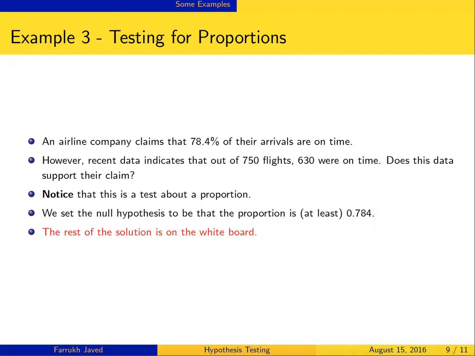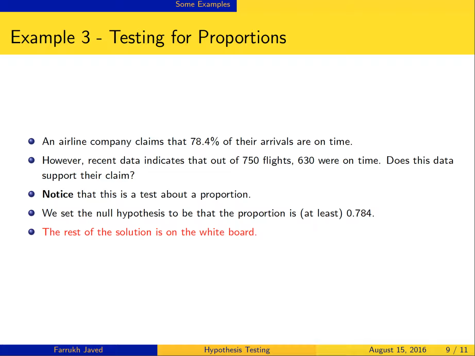However, recent data indicates that out of 750 flights, and this 750 is a sample because airline companies deal with many flights, this is a small number compared to their general structure, so this is a sample value from that airline company.